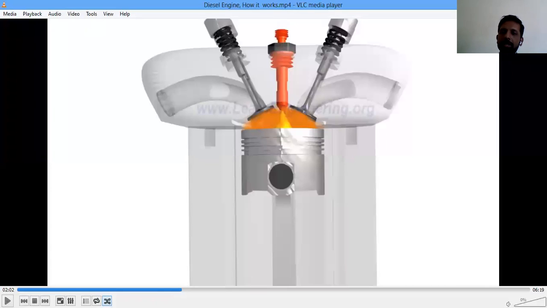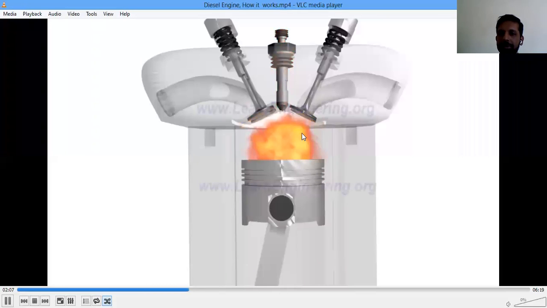This high pressure and temperature is more than enough for combustion to take place. Once the fuel is introduced at this high pressure and temperature, it undergoes the combustion process. So fuel is being injected, and combustion takes place.